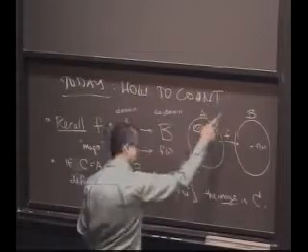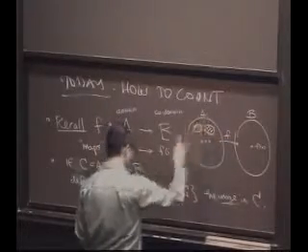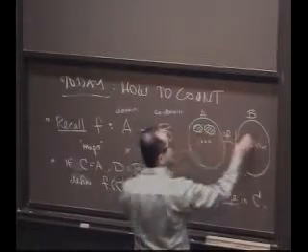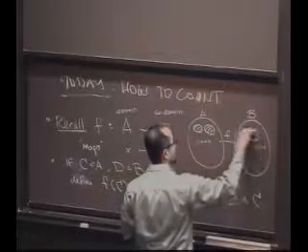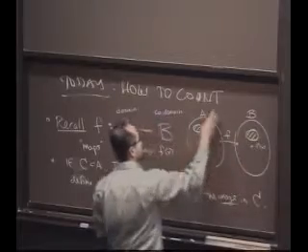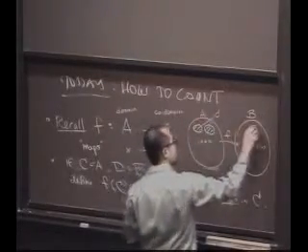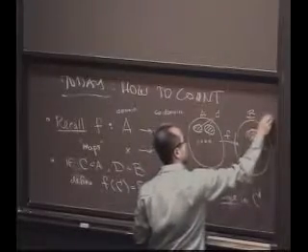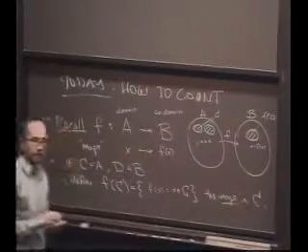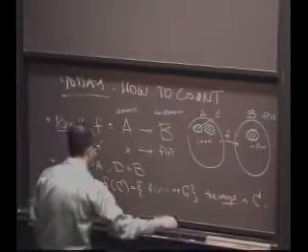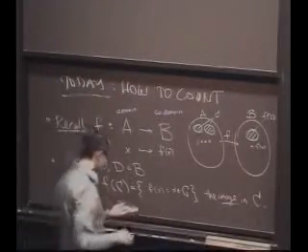It lives in B, right? So the image of C, these two blobs might get mapped onto the same blob. So if this is C, then this would be f of C. Happy? Okay, great.